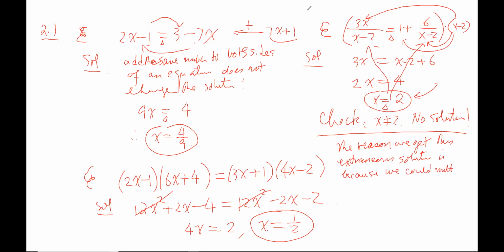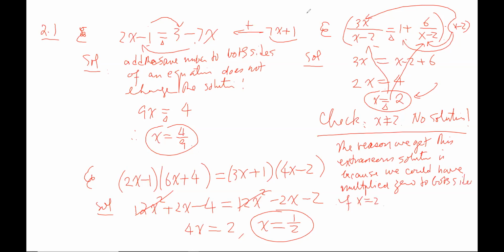I shouldn't say we could have multiplied, we multiplied 0 to both sides if x equals 2.